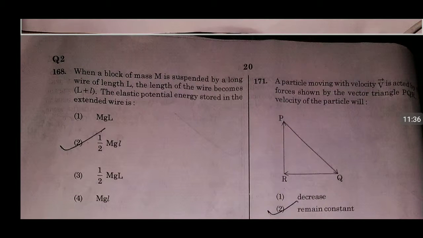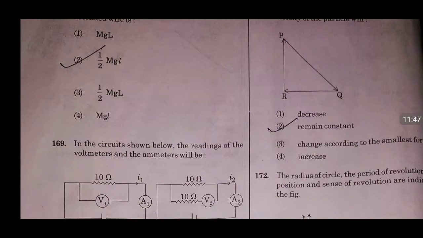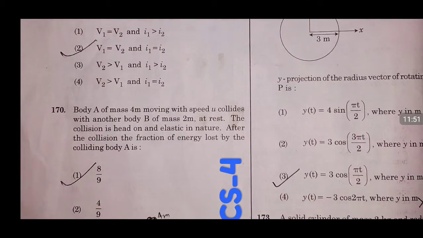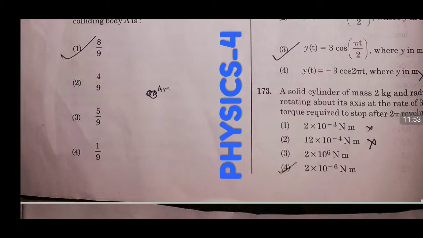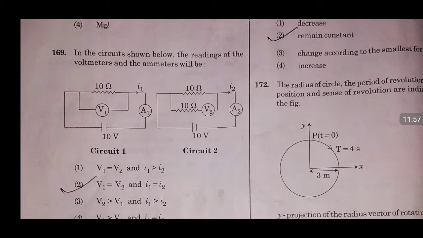171 number question. A particle moving with a velocity v is accelerated by a force shown by a vector triangle. Velocity of the particle will... Right option is remain constant. Second option will be right option. 172 number question.